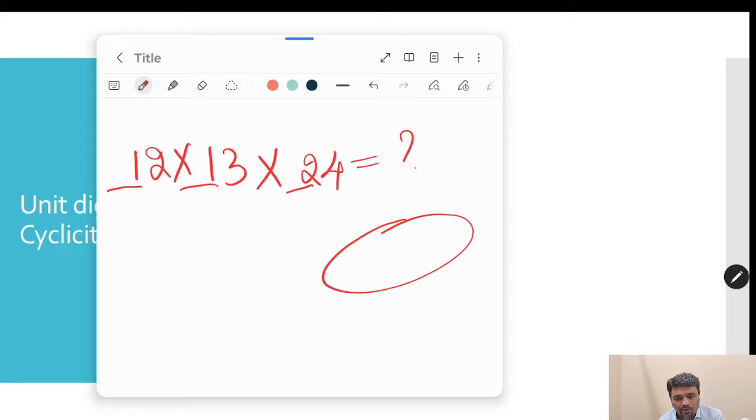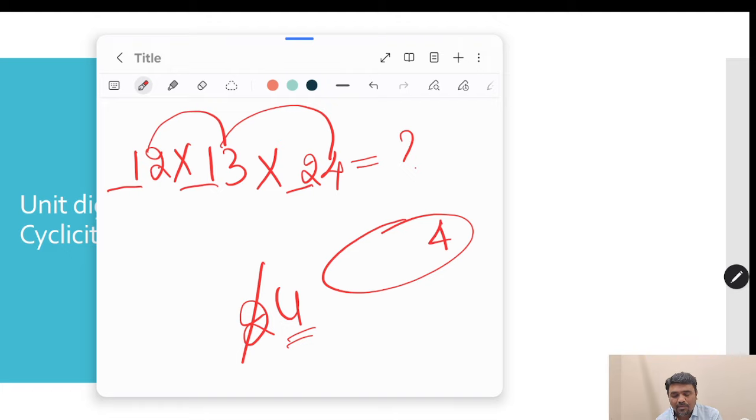If the question is about only the unit place, you need not worry about the entire number. Only check the unit place of each number. So here 2 into 3, 6. 6 into 4, 24. Once again, I got 24, but I don't want this 2 also. I want only the unit place. Then my answer is 4. So 4 is the unit place of this product.